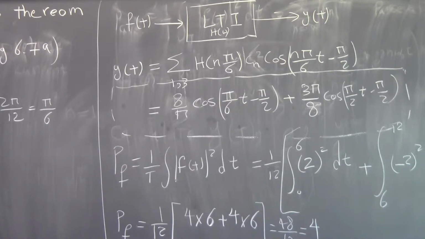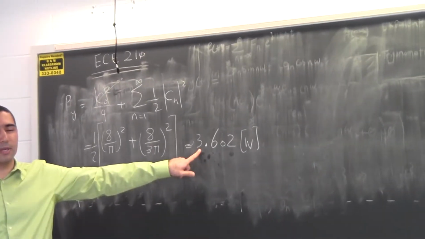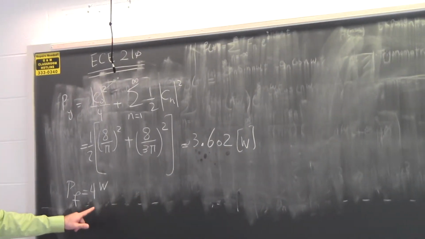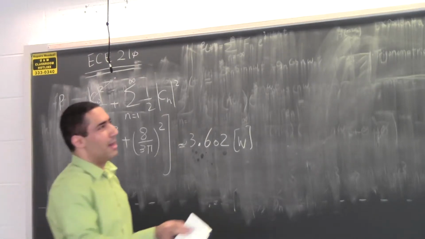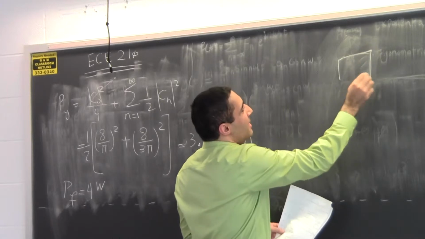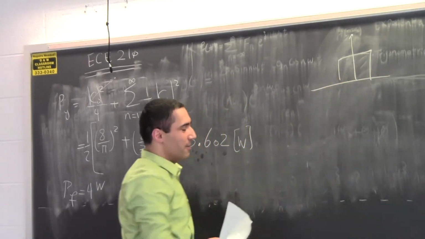Let me write it down here again. PF was 4 watts, and P out is only 3.6. You know, energy cannot be destroyed, right? It should always be there, somewhere. So when we lost 0.4, it means that energy was rejected, discarded. I mean, not rejected, it's reflected back to the source because of the feedback.